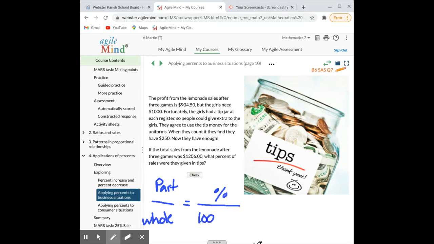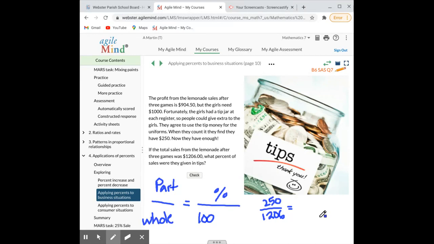So, in this case, what is the part? 250. You're right, 250. What is the whole? 1,206. All right. Do we know the percent? Not yet.